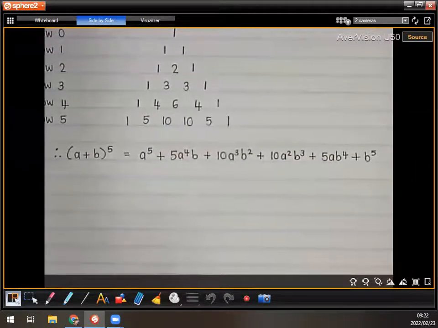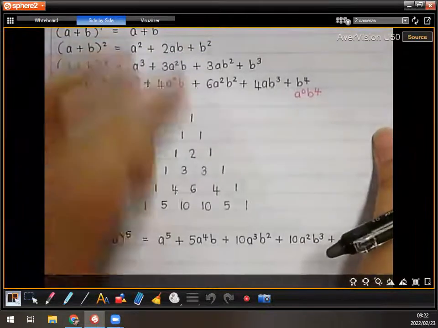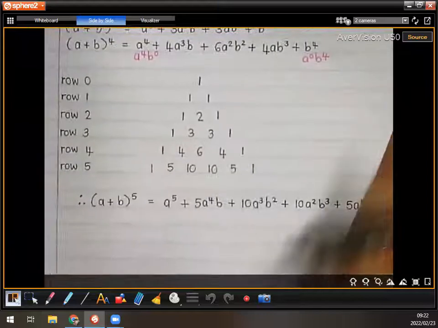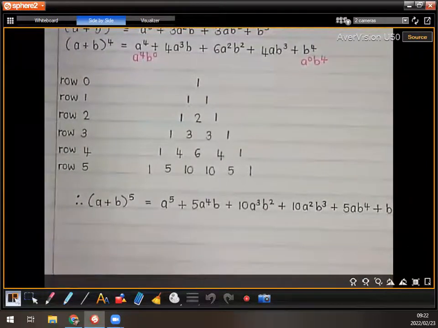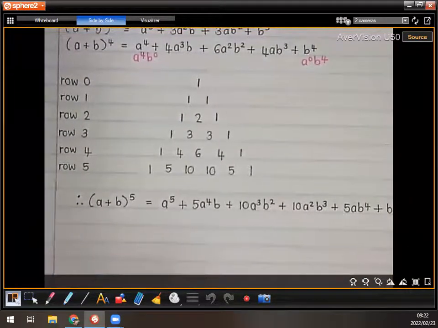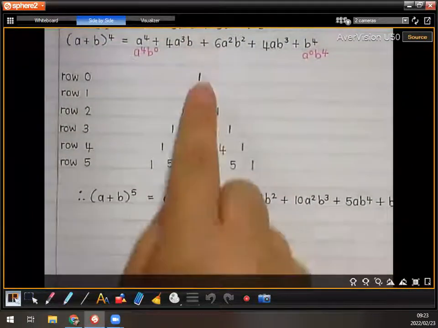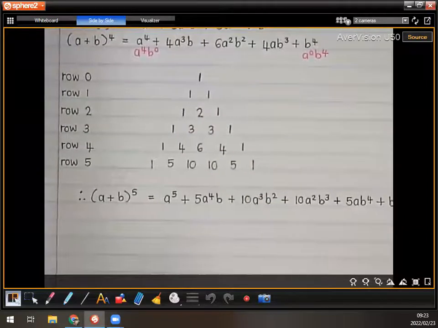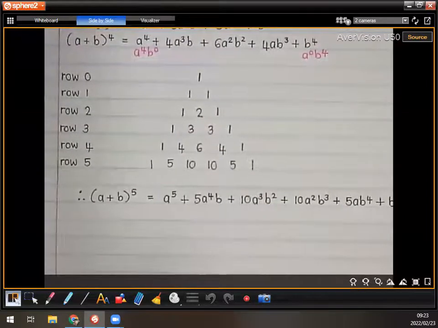But like I said, you won't be tested on it. The only way in which they could possibly test you on it is if they gave you the triangle and said, identify the pattern and then use row 7 to find the expansion of a plus b to the 7, something like that. But you won't be expected to actually know this triangle off by heart, be able to set it up from scratch and then use it.